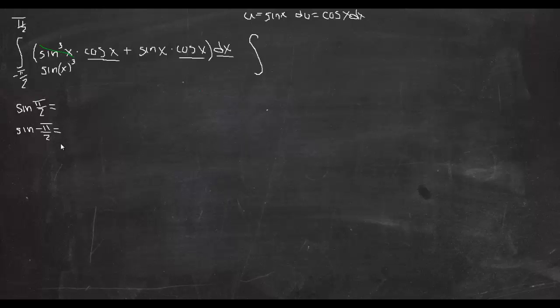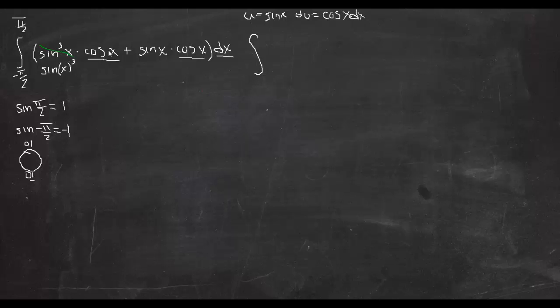If you've taken pre-calculus, you have the unit circle, and at the top we have pi over 2, and at the bottom we have negative pi over 2. Cosine being the 0 and sine being the 1 at the top, and on the bottom the sine is negative 1. So we have 1 and negative 1 here. Those are our new limits.